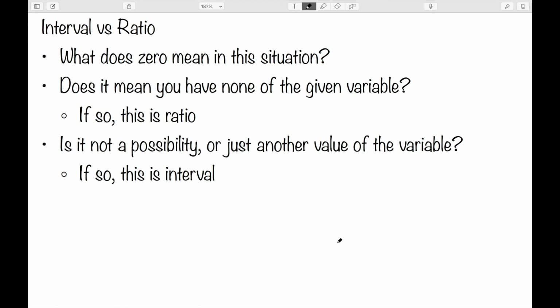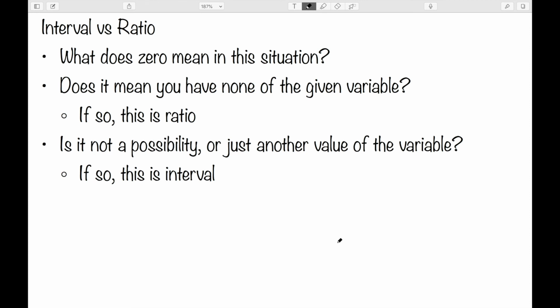The other side of this, if 0 is not a possibility, or just another value of the variable, it would be interval. As an example for not a possibility, we would have credit score. Your credit score cannot actually be 0, and so a credit score of 0 wouldn't make sense.